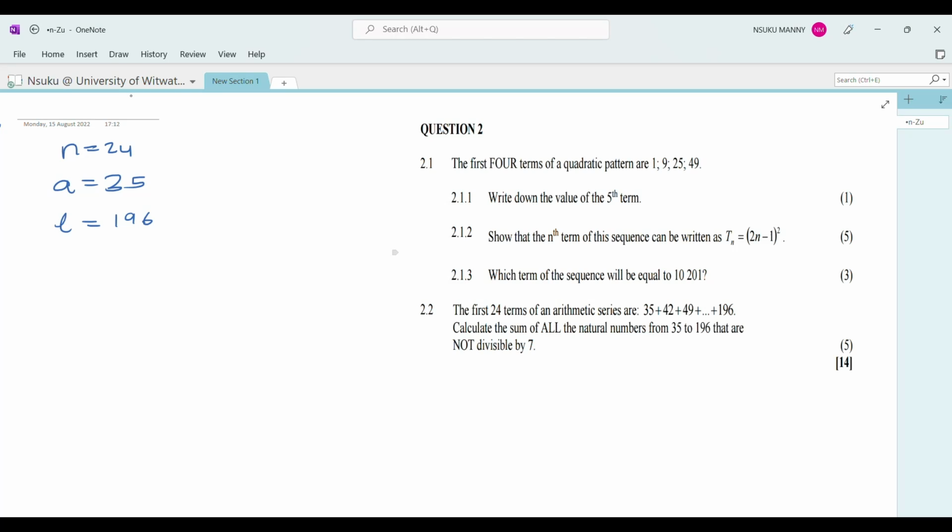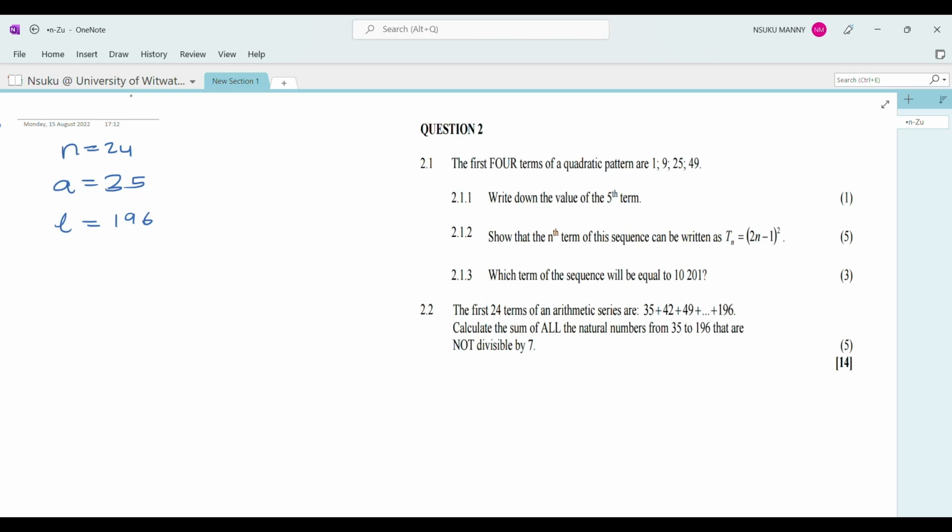The next one after 49 will be 49 plus 7, which is 56, and so on. So all these 24 terms are divisible by 7, and what we're trying to calculate is the sum of all the natural numbers from 35 to 196 that are not divisible by 7.